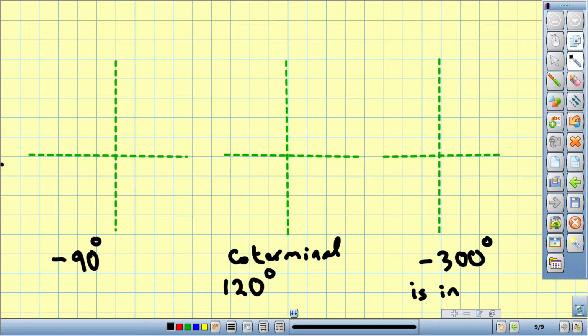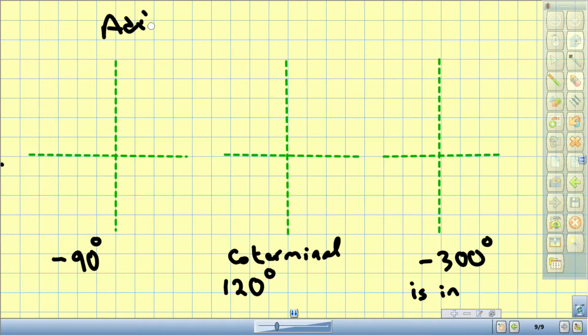So let's go back to you guys and start sharing some thoughts. How do you think I could graph these angles? What's the first thing I need to start with?